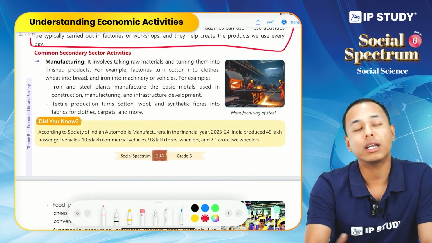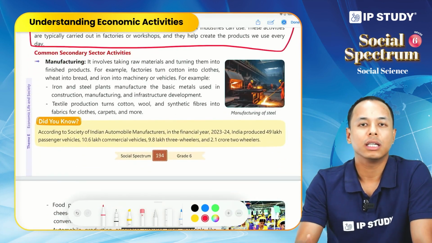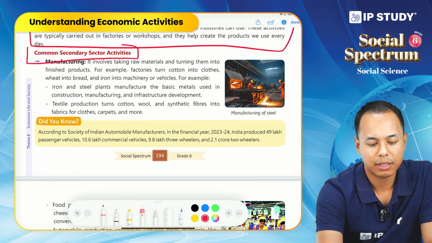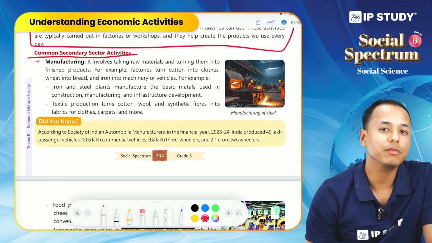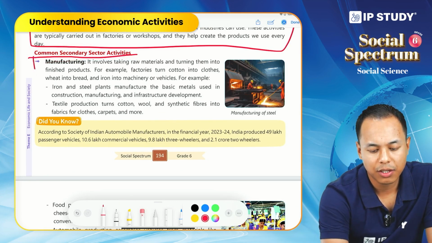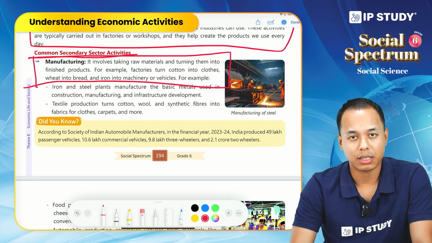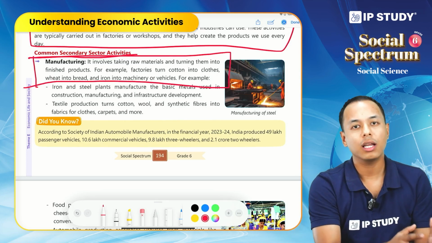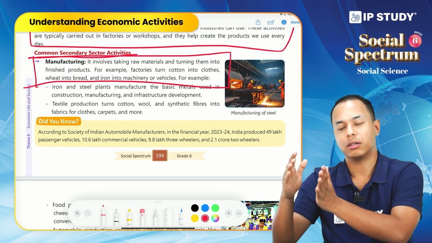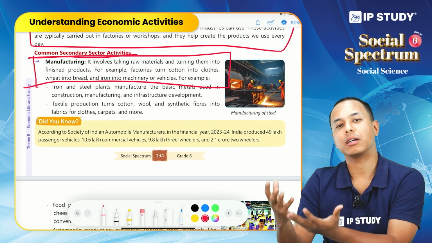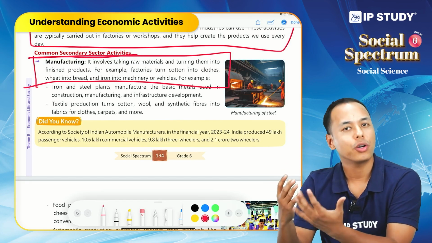What are the common secondary sector activities? First one is manufacturing. Manufacturing involves turning raw material into finished products, like I have already discussed. You take a raw material, you process it and you make a finished product that can be consumed or used by us.